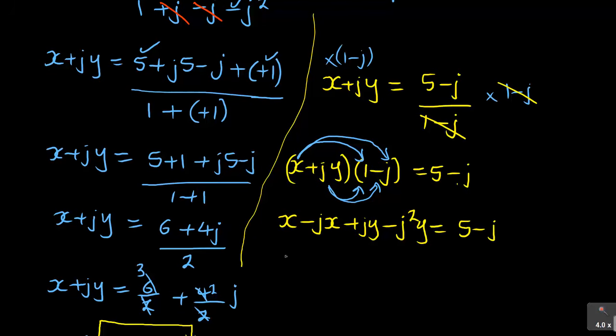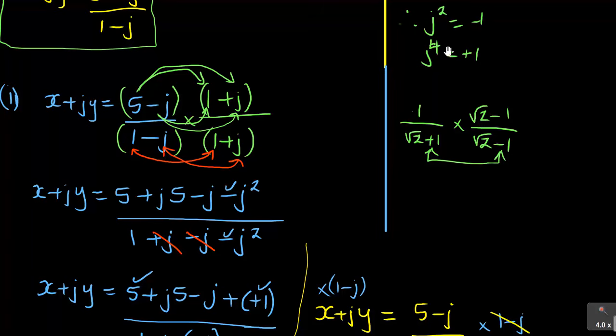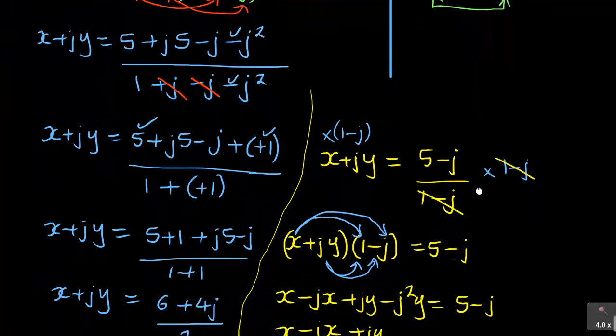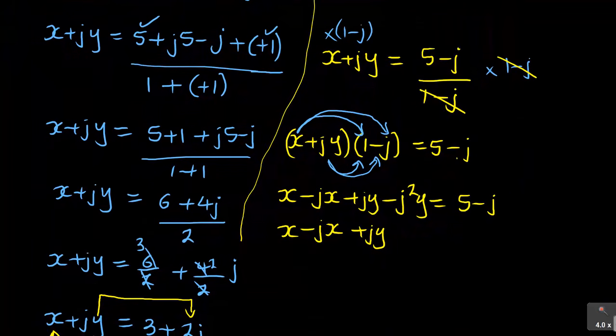Now you simplify j squared further, which is x minus jx plus jy. If you remember, we said j squared was simply minus 1. So you do the same thing here, where you are going to have minus bracket minus 1, because you've got the negative of that, and then minus 1y is equal to 5 minus j.